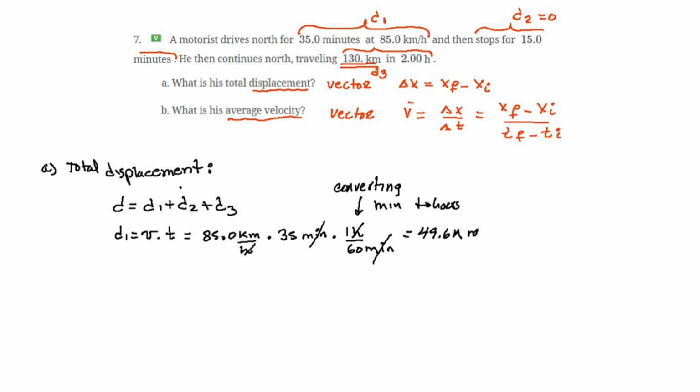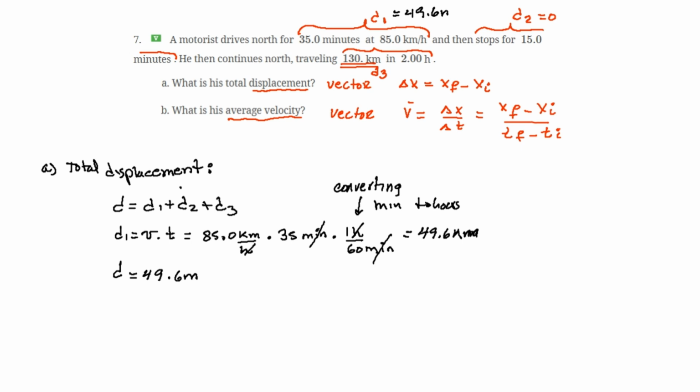So that means that now I have that the displacement d in this case is the first 49.6 kilometers that he traveled during this time, right?